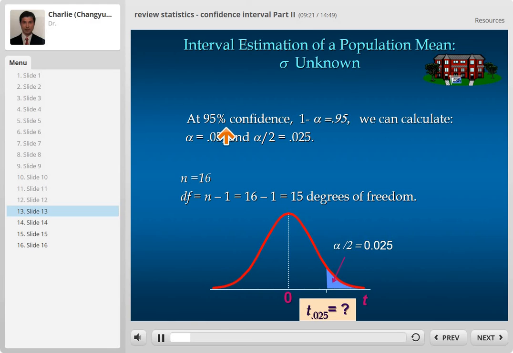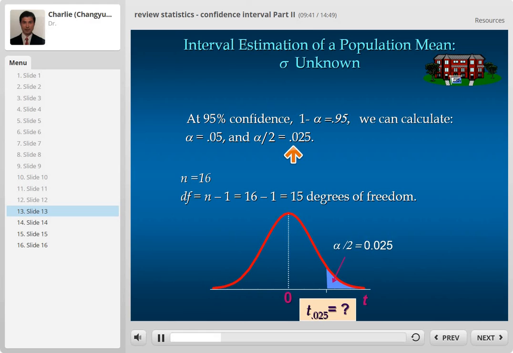So we're going to do the following things. First, 95% confidence level means 1 minus alpha equals 0.95. These two are the same thing. Then we can calculate alpha equals 0.05 from here. Then we can find alpha over 2 equals 0.025.